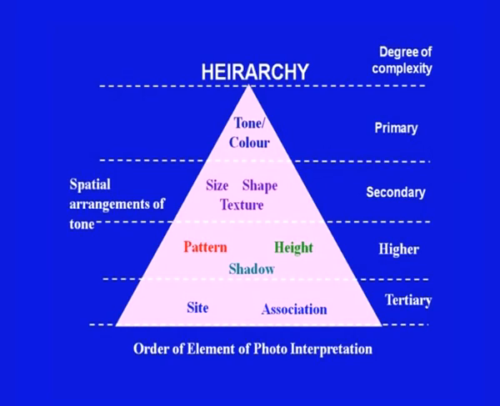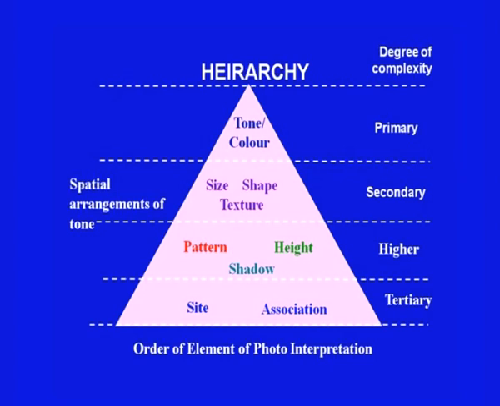So, the next slide, as a matter of fact, shows the hierarchy of the photo interpretation elements. Tone and color are the primary characteristics, followed by shape, size and texture, which are the secondary characteristics.